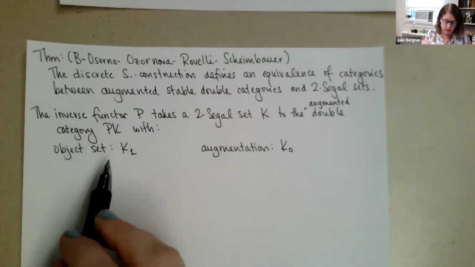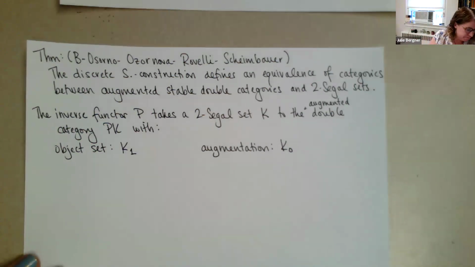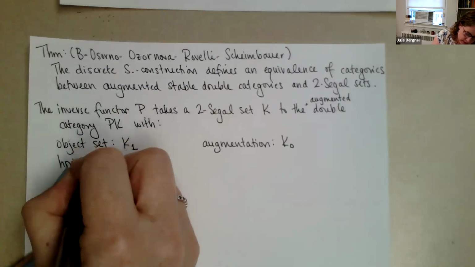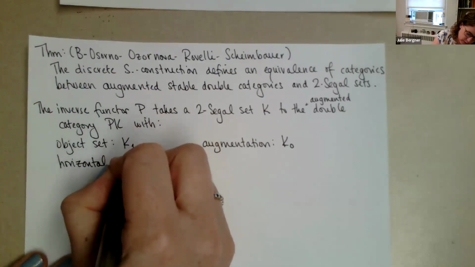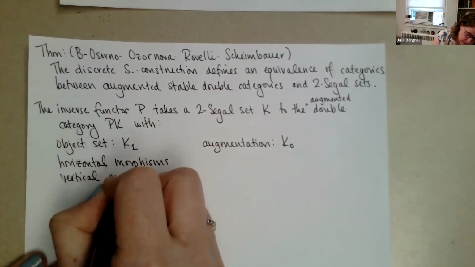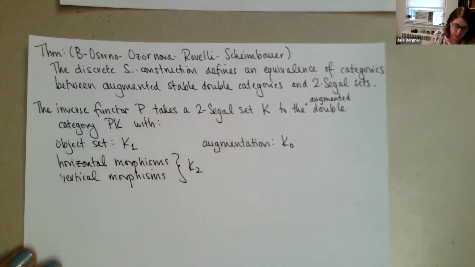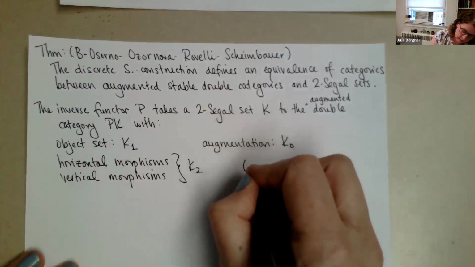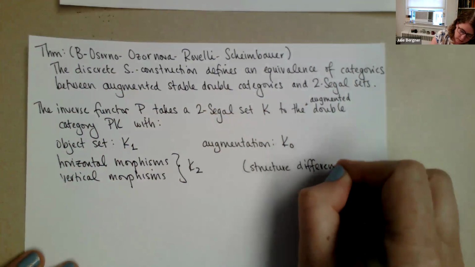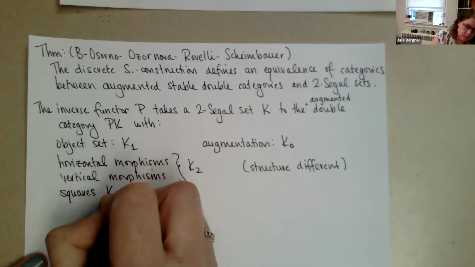Where your objects appear in your double category, they end up corresponding to one morphisms when you take S dot. And now things get a little bit weirder here. You want to know what the horizontal morphisms are, and you want to know what the vertical morphisms are. And they are both going to be given by the set of two simplices. But as we'll see, the structure is different. And I'll give you an example in a moment. And then the squares are going to be given by the three simplices.